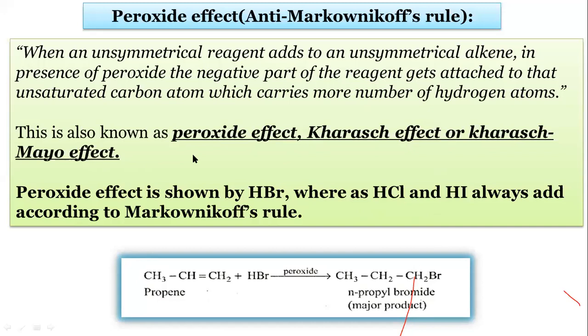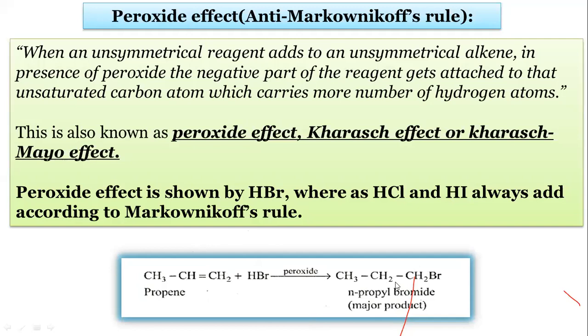If you understand Markovnikov's rule, then Anti-Markovnikov's rule is exactly opposite. In Markovnikov's rule, the negative part is attached to the carbon atom which contains fewer hydrogens. But in Anti-Markovnikov's rule, due to the presence of peroxide, this situation is reversed. The negative part is attached to the carbon atom which contains more hydrogens.